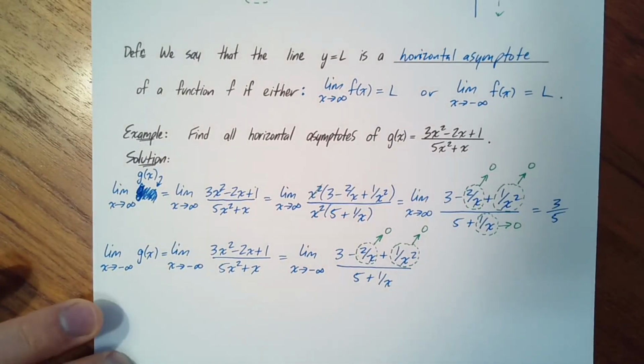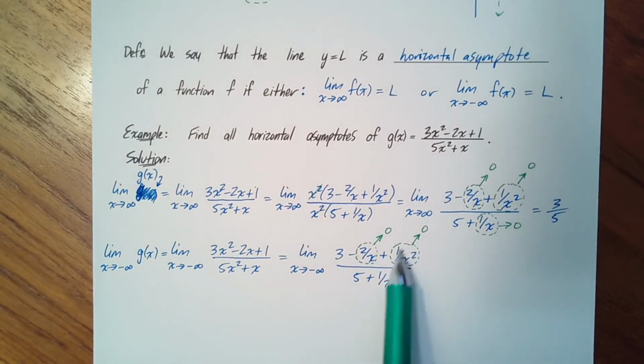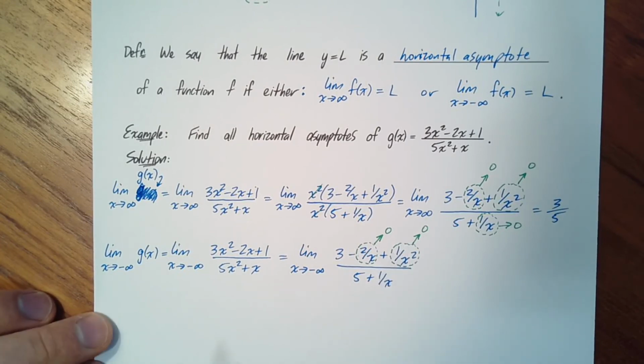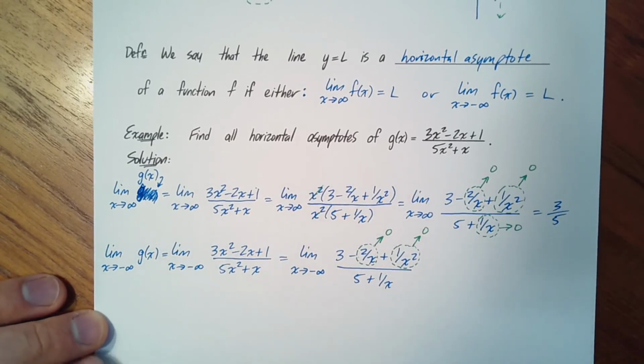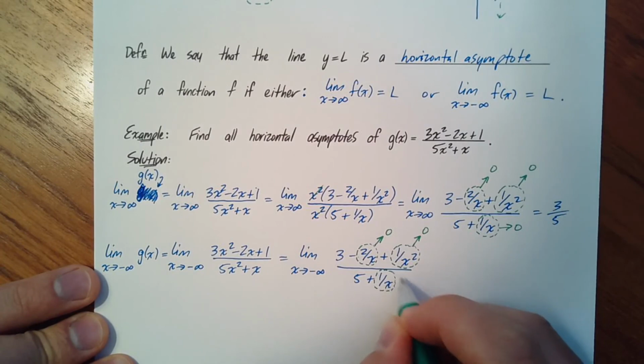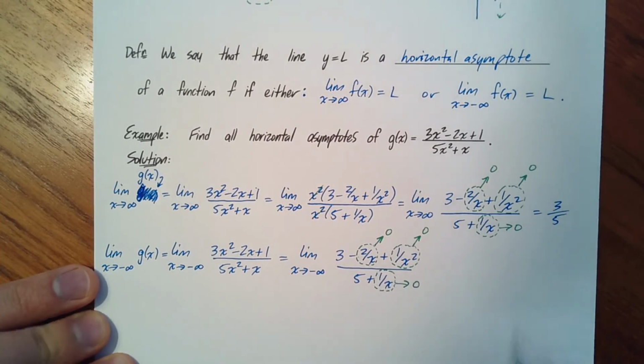Actually, because the denominator is squared, the denominator is going to be positive. So this will actually be a fraction that goes to 0 through positive values. But since the denominator is growing arbitrarily large and the numerator is constant, that's all you need to conclude that a fraction is going to 0, whether the denominator be positive or negative. Okay, so then our 1 over x down in the denominator will be going to 0 as well.